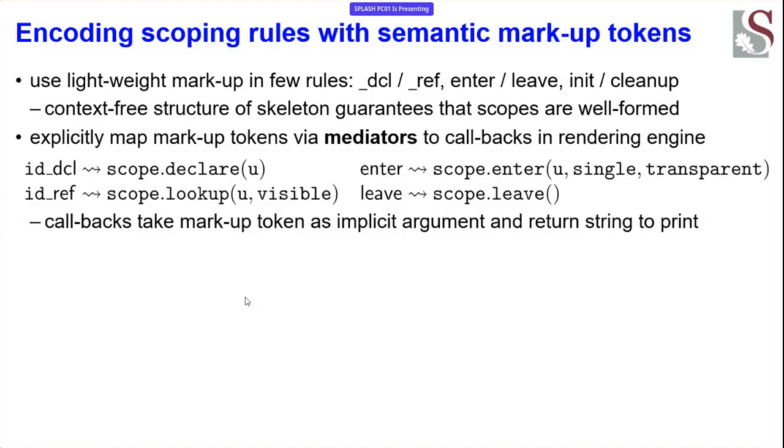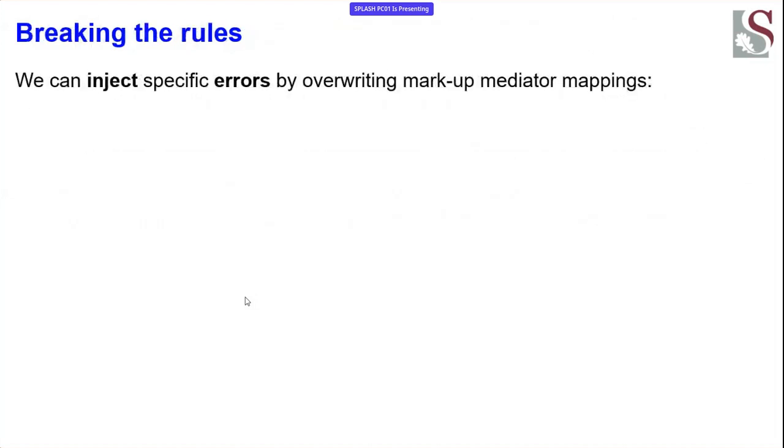Ref means look up in all scopes that are visible right now. So these things on the right-hand side of the squiggly arrows are basically callbacks into the rendering engine, and they return a string for the identifier to be printed. It's basically like LaTeX or HTML.